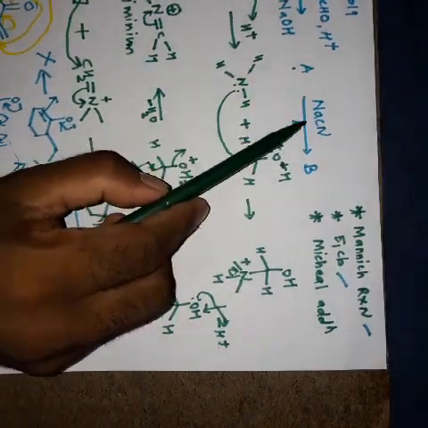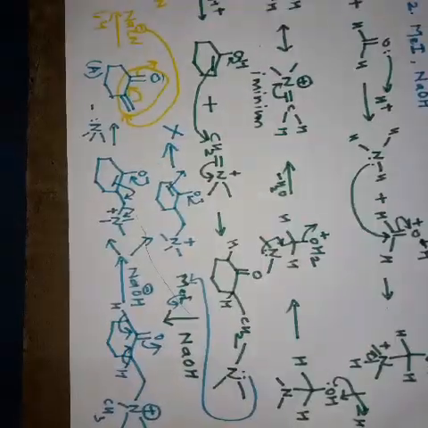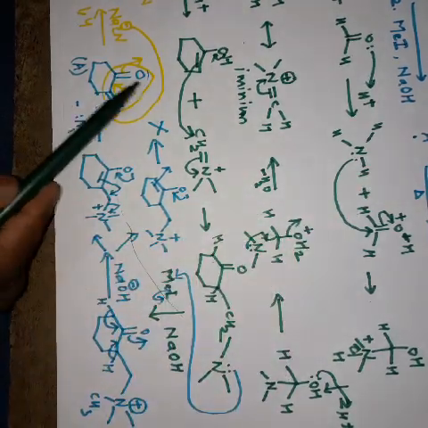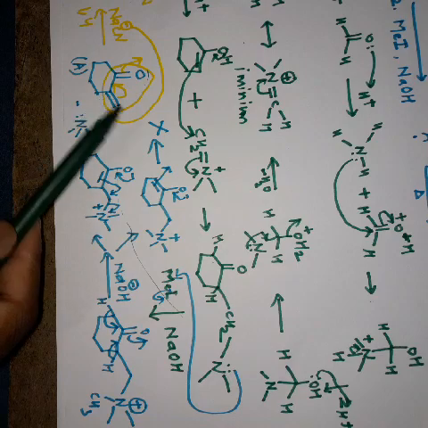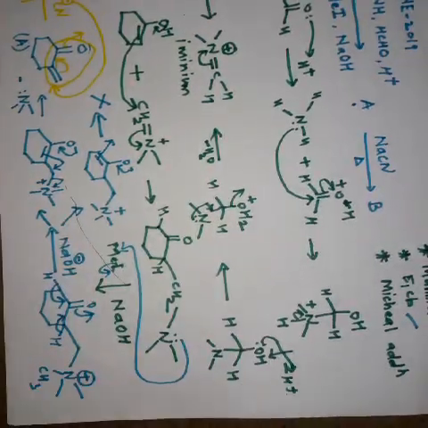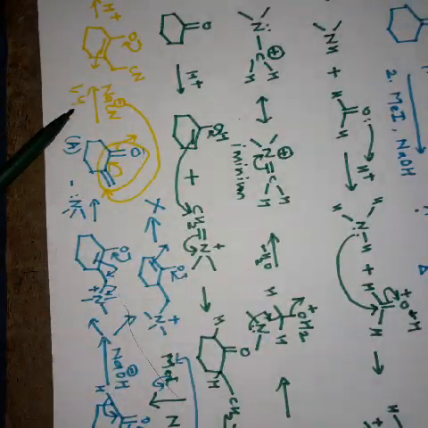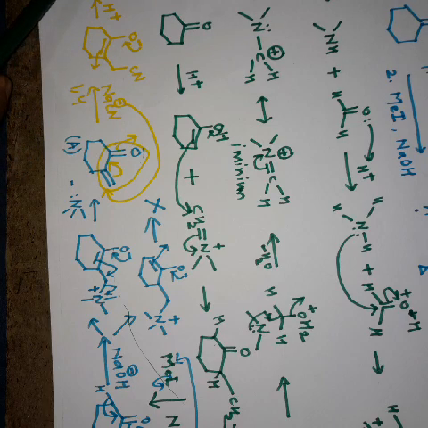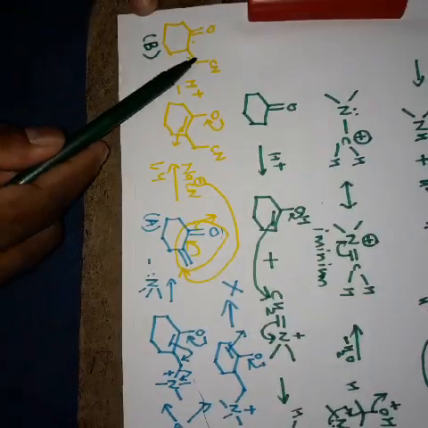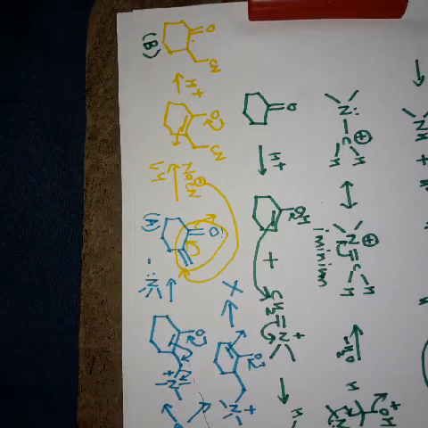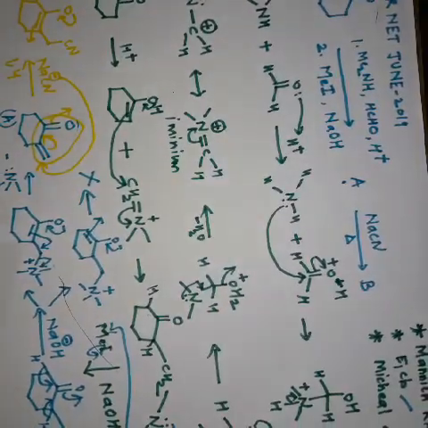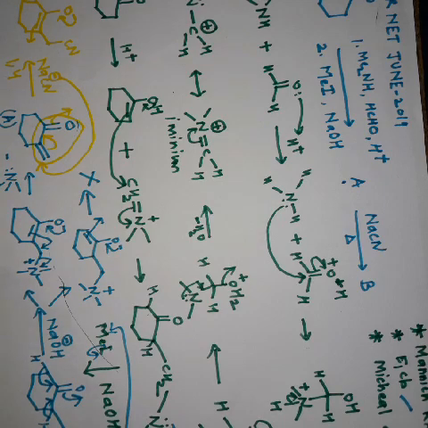And then there is NaCN, and since at point A we have generated the alpha beta unsaturated group, the nucleophile and alpha beta will react together as a Michael addition, and in the Michael addition it is 1,4 addition basically. So we are going to get this structure as a major product. So this is how this question can be solved. I hope you must have understood.